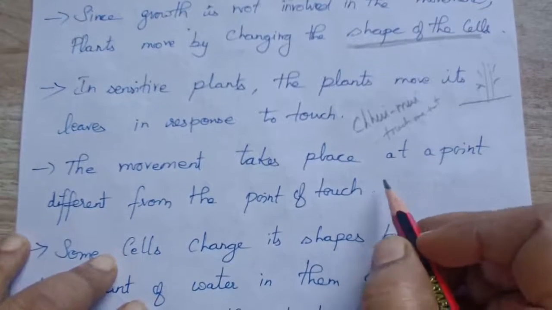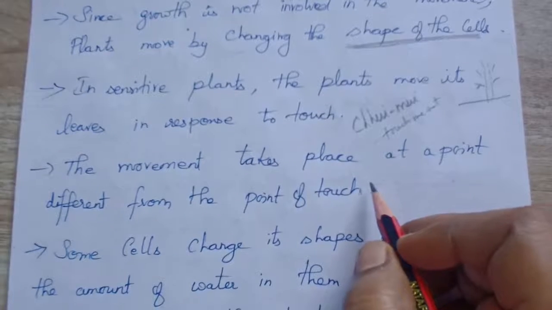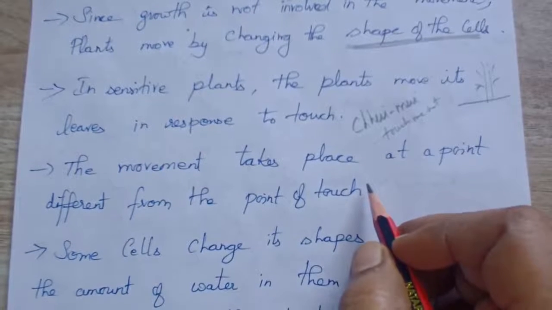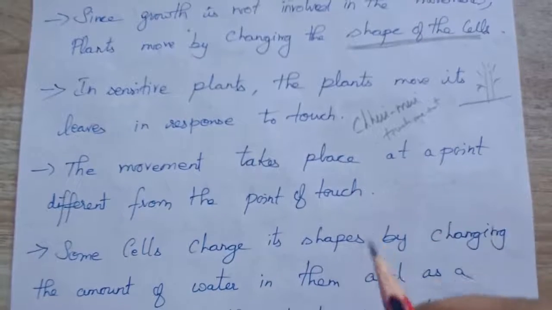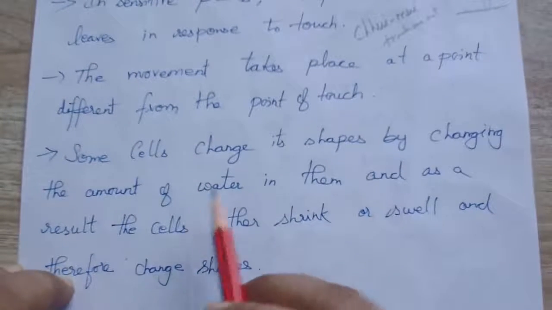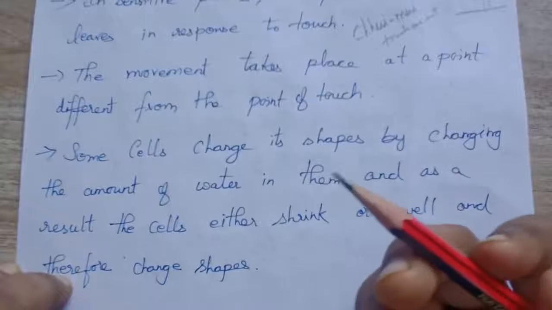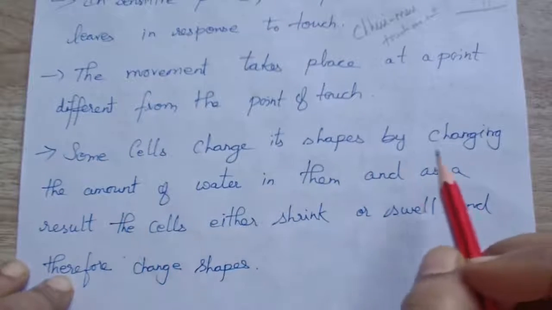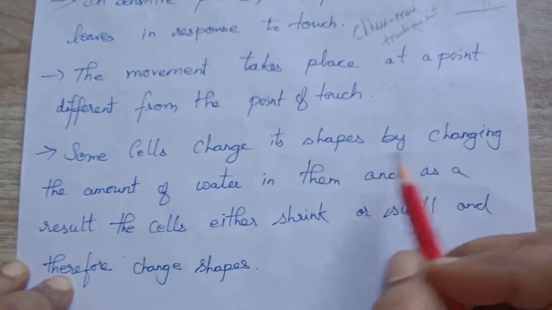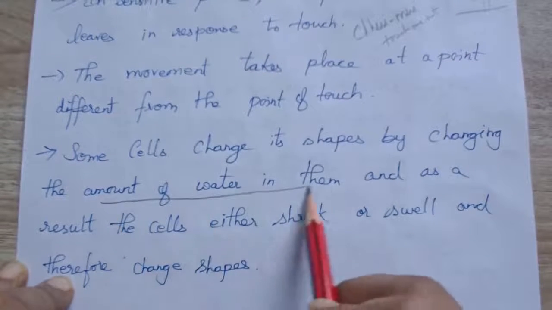This is done by electrical and chemical means, which convey the information from cell to cell. Some cells change their shape by changing the amount of water in them.